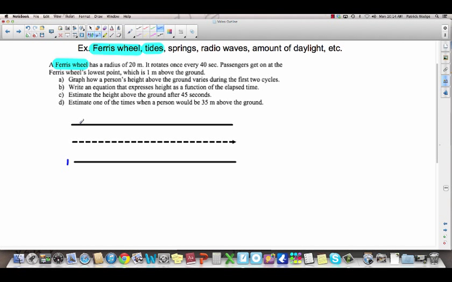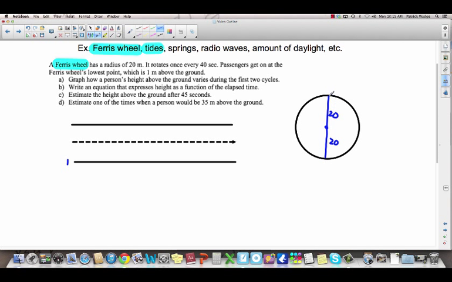So when you're up at the top, what's the highest it could be? Let's just draw the Ferris wheel out here for a second. If this is our Ferris wheel and this distance here, the radius, is 20, then when you're way up here at the top, well, there's another 20.